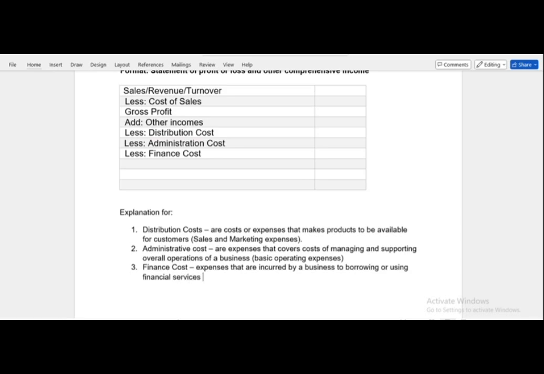Right? Expenses that are incurred by a business for borrowing or using financial services.